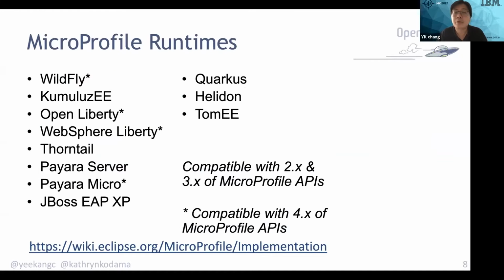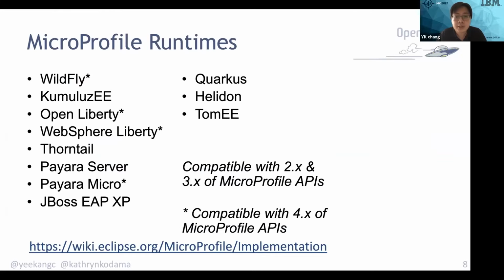And as mentioned, it's an open set of APIs. Various frameworks or runtimes support it, having declared or tested to be compatible with the different versions of MicroProfile APIs. We have a list here: WildFly, Kumuluz, Open Liberty, OpenLiberty, Thorntail, Payara, JBoss, Quarkus, Helidon, and TomEE. You can find out more on the link that we have here.